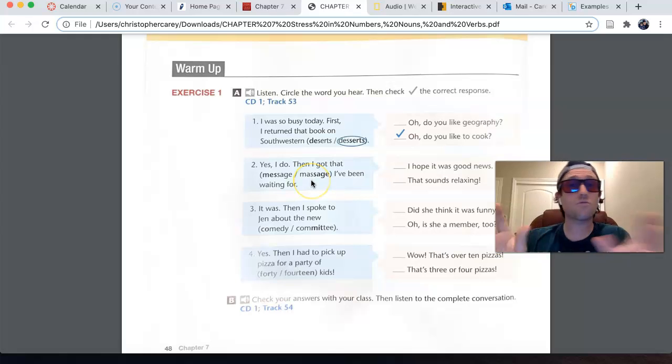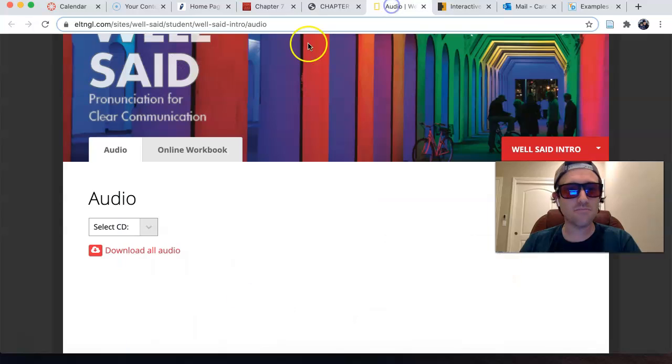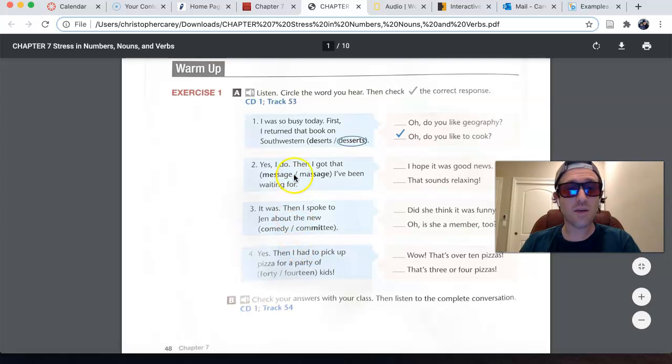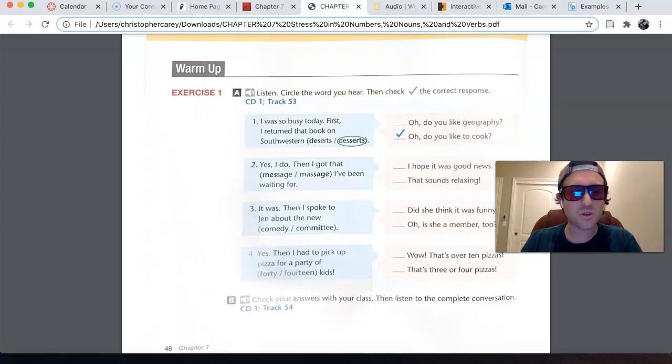These are different words: desert and dessert, message and massage, comedy and committee, and these are different numbers, 40 and 14. So have a listen to CD1 track 53 and see if you can identify which word is being used based on the strong syllable, and then choose the corresponding response that makes sense in terms of the context.